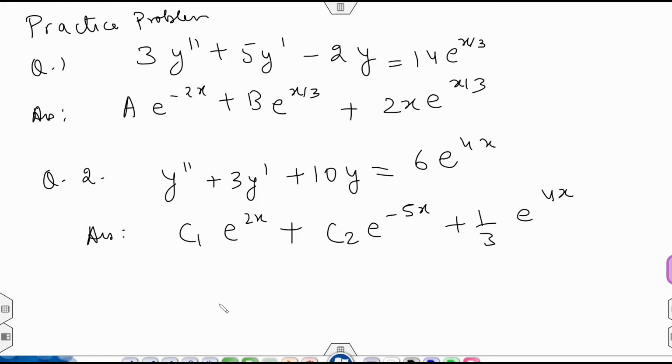Now we will move on to the next case, when your Rx is a trigonometric function, sine or cosine. So case 2: till now we have done the case where your Rx was in exponential form, right?